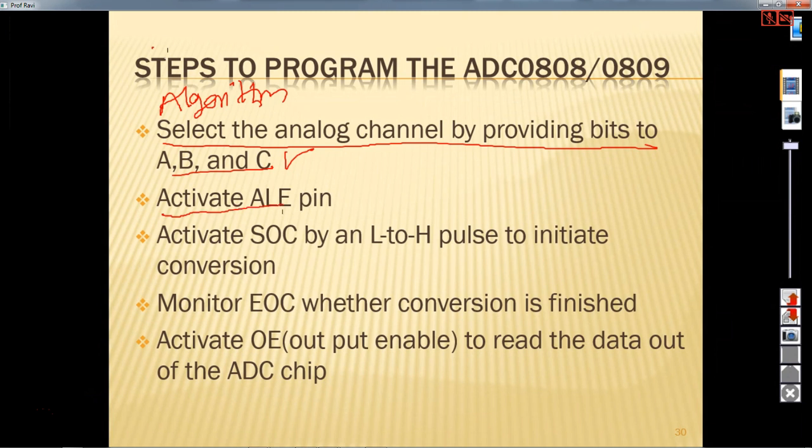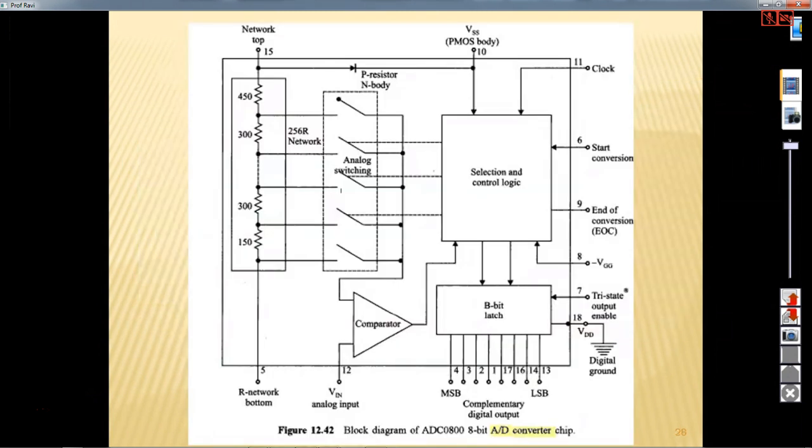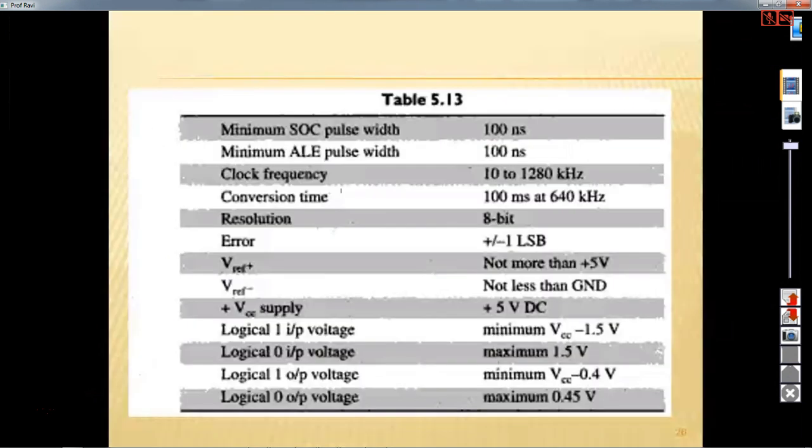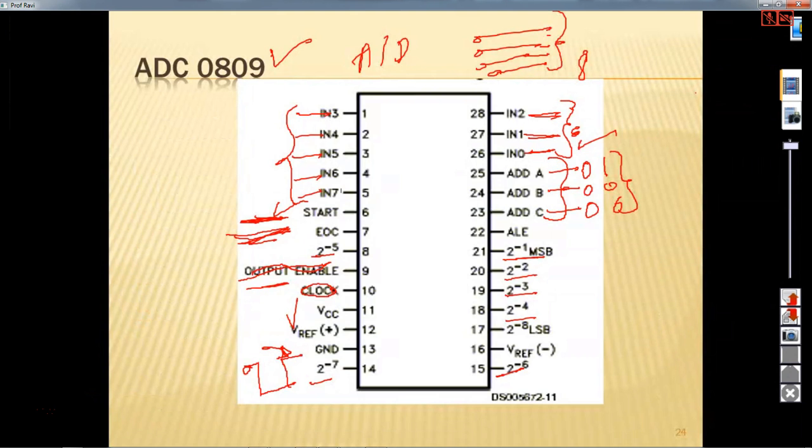Then you have to activate the ALE pin. Let us see the ALE pin in the hardware details: output enable, start, and the 22nd pin. The 22nd pin is ALE.